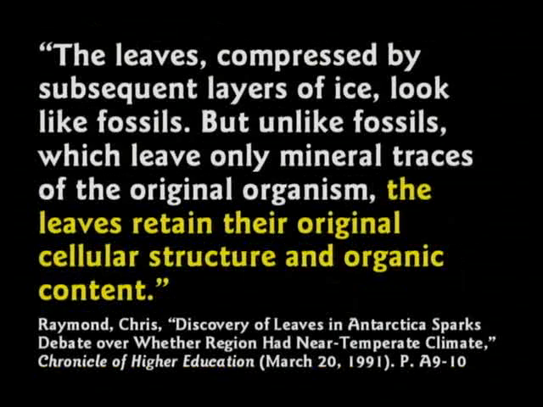The leaves, compressed by subsequent layers of ice, look like fossils, but unlike fossils which leave only mineral traces of the original organism, the leaves retain their original cellular structure. So these are simply pressed, preserved leaves near the South Pole.